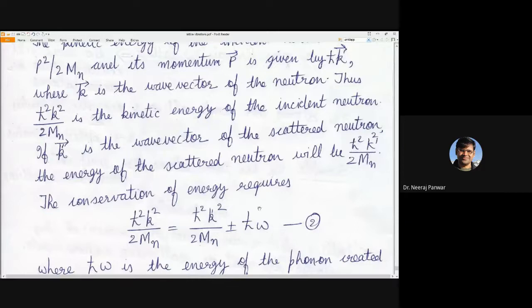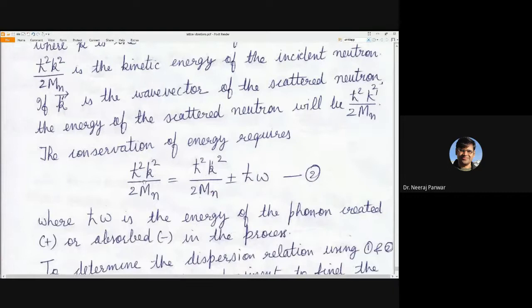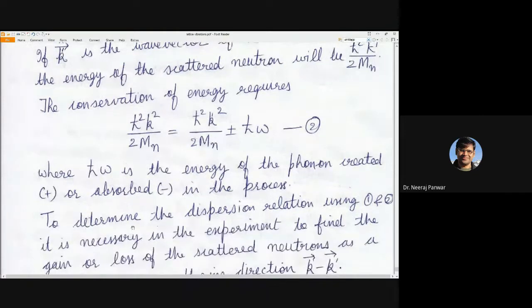This is the energy associated with a phonon, and plus minus represents, as I told you, the emission or absorption of a phonon. Plus here represents the creation of a phonon, and minus here represents the absorption of a phonon in this process.